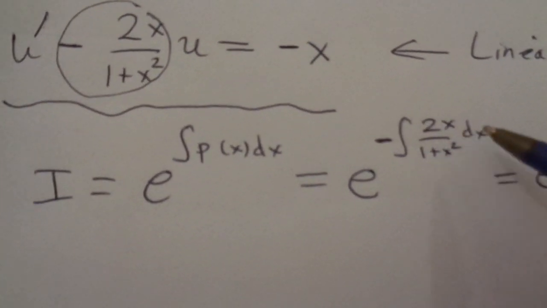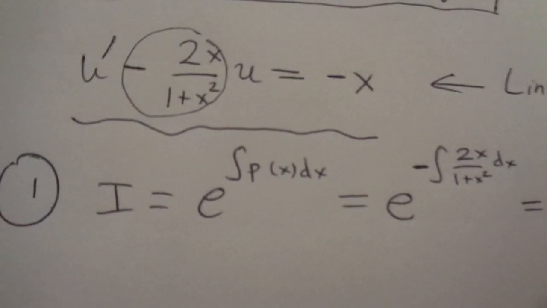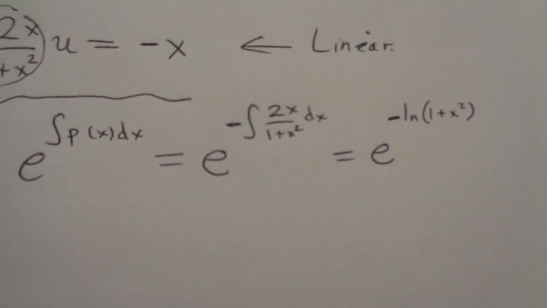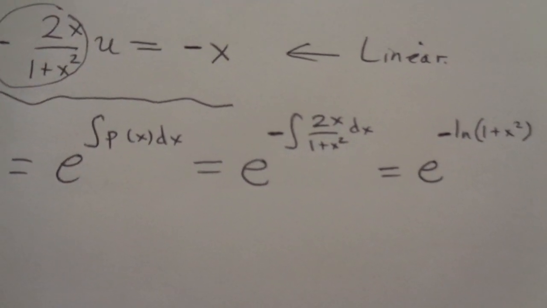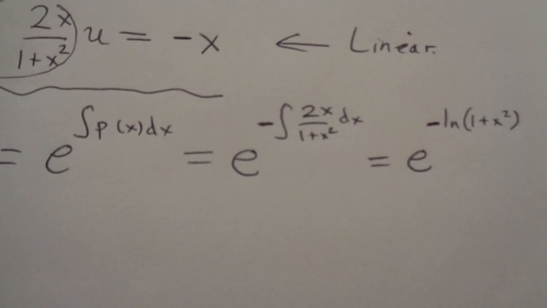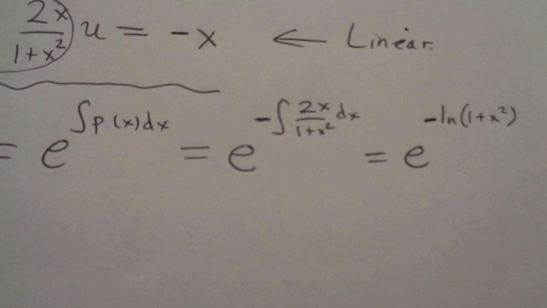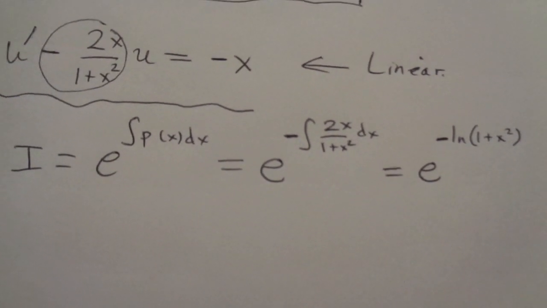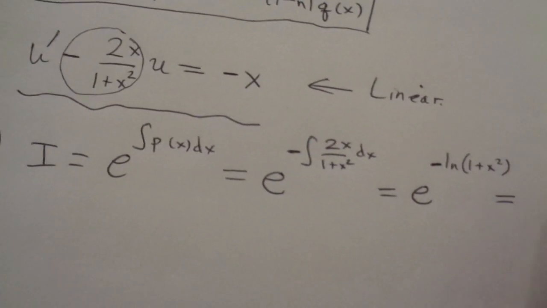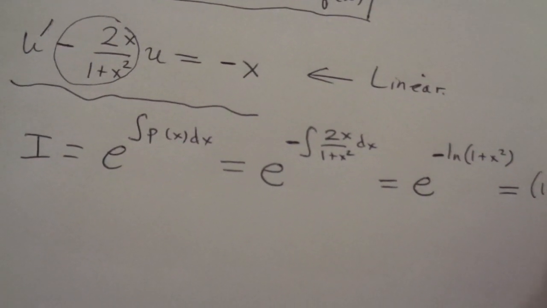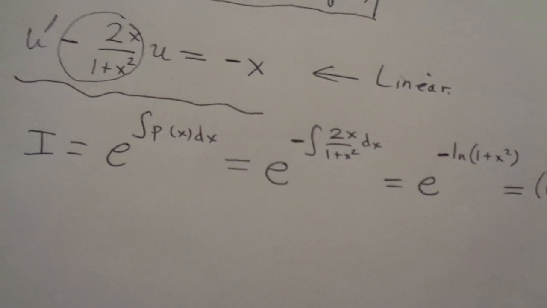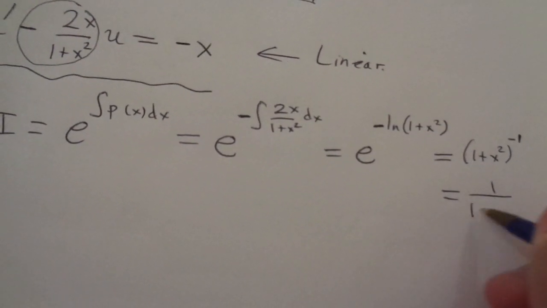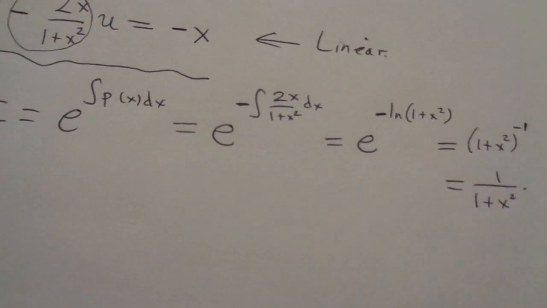What you're integrating here is really just du over u, so you're just going to get the ln of u, and I don't need absolute value bars on that because 1 plus x squared is already going to be positive. But I am going to take that minus 1 and put it up as an exponent, and then cancel the e and the ln. So I get 1 over 1 plus x squared.